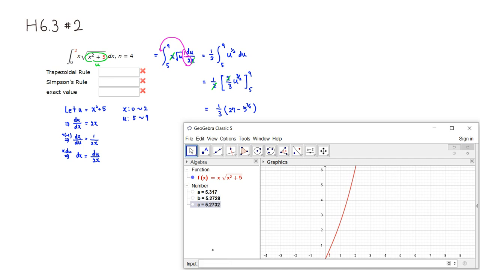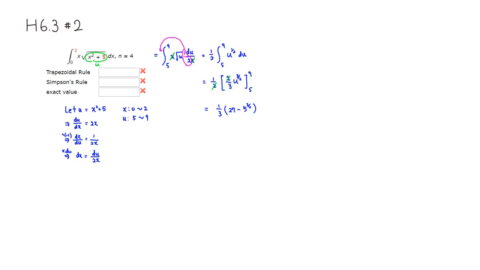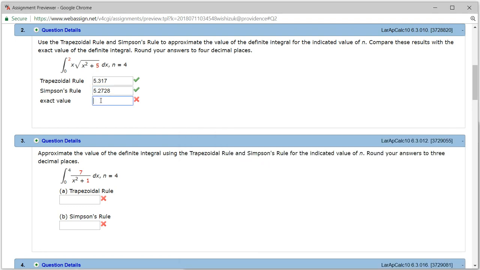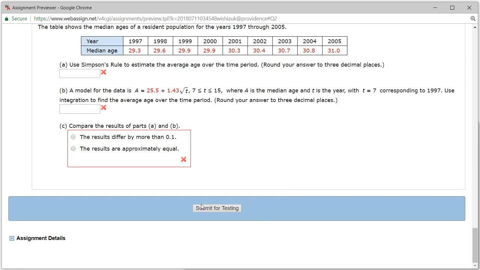It came out to be 5.2732. Let's type it in. Oops, that's not what I want. Here, 5.2732. Let's submit for testing.